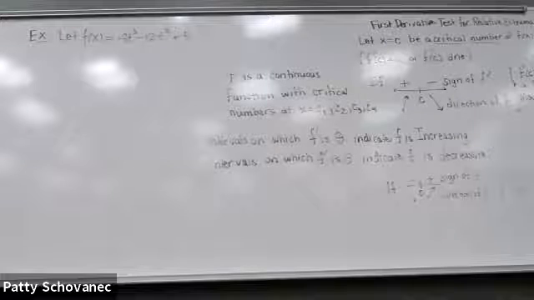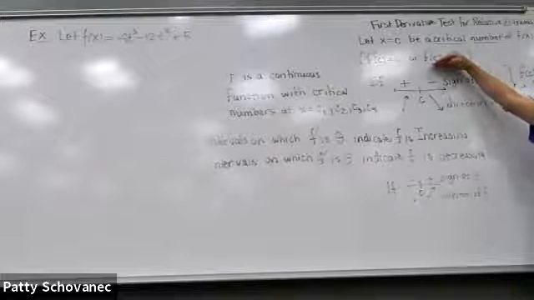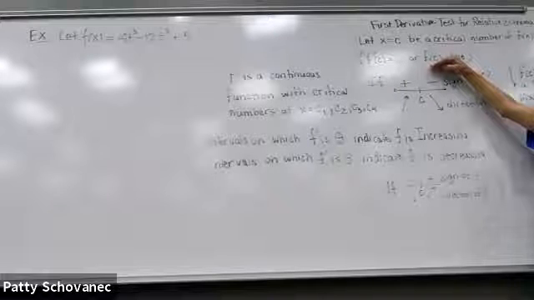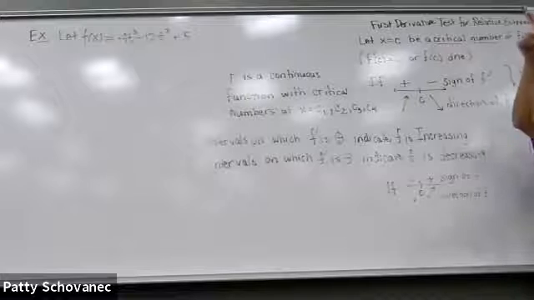So the steps are going to be these. Find all the critical numbers. Take the derivative, set it equal to 0, and see how many critical numbers you get. From our knowledge of a third degree polynomial, we should get 2 critical numbers.